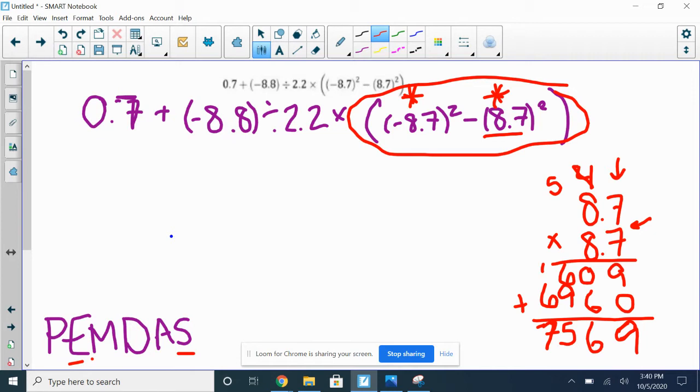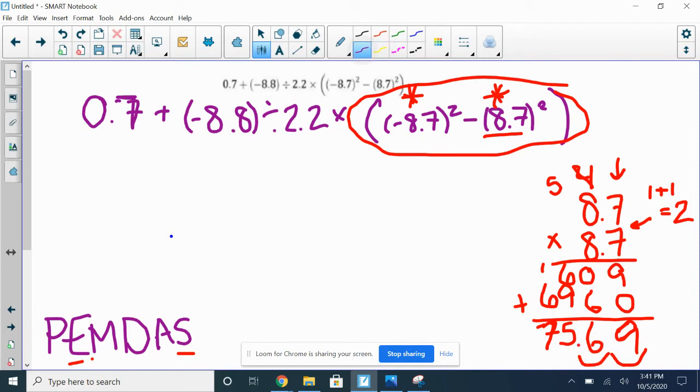When we are starting and ending with the same amount, we have to incorporate all of the decimals we started with. So I have 1 in that first 8.7, and I have 1 in that second 8.7, which gives me a grand total of 2 decimals starting with. So because I started with 2 decimals, I have to end with 2 decimals. So my decimal is going to go there in the end.